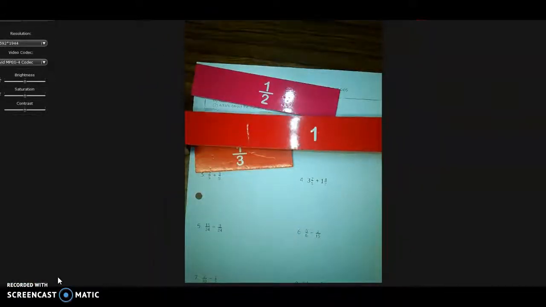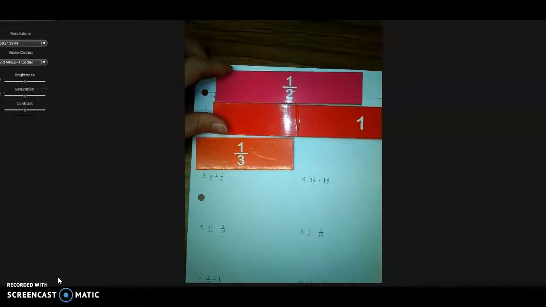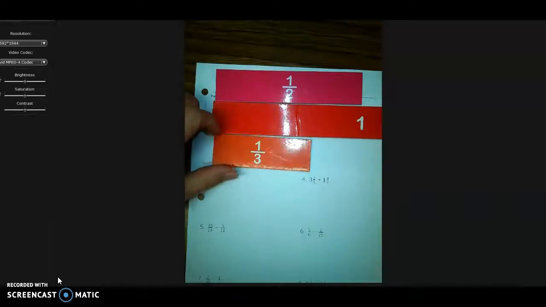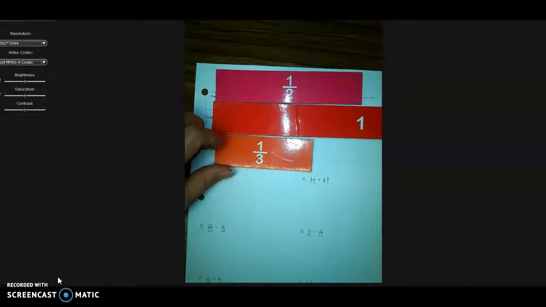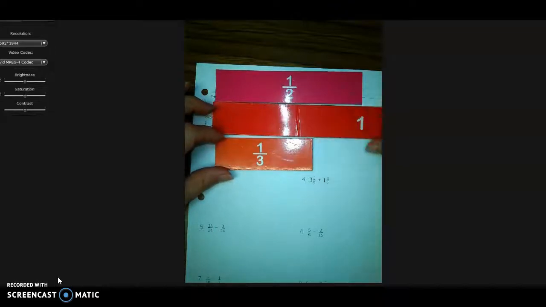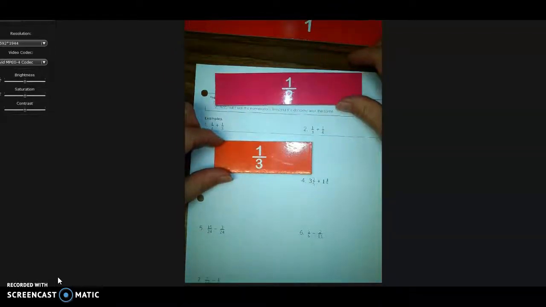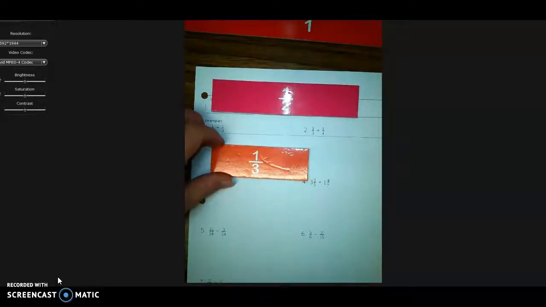If this is 1 whole, half of that means that I cut it into 2 pieces and I took 1 of the 2 pieces. And if I cut it into 3 pieces, then I took 1 of the 3 pieces. This is half of the whole and this is 1/3 of the whole, but when I put them together, I can't really explain how much I have unless they're cut into the same size pieces.